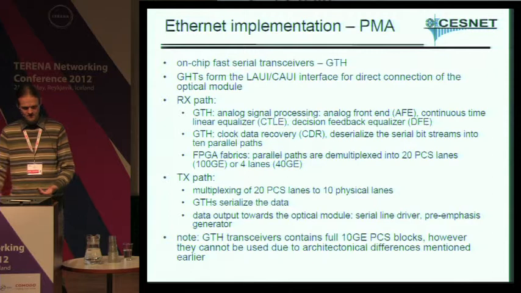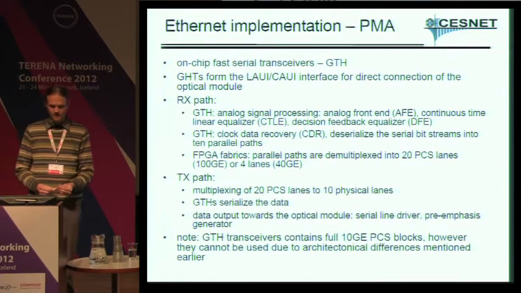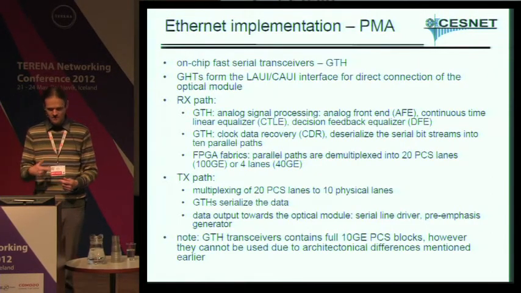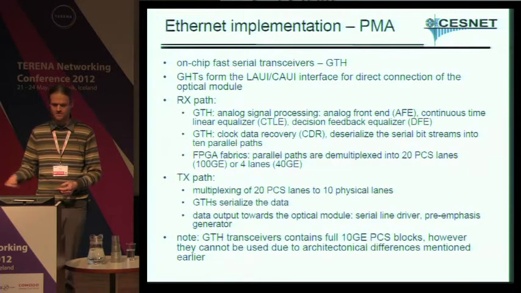The TX is the opposite. Therefore, GTH transceivers will be used to serialize the data and send them with the correct preemphasis and other electrical stuff towards the optical module.